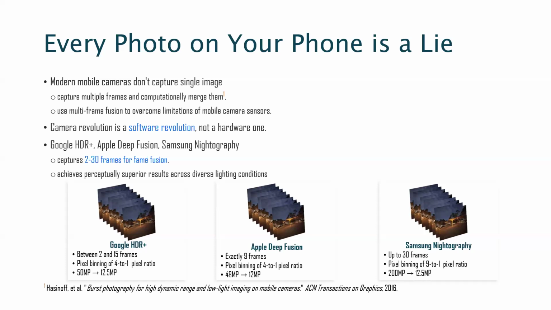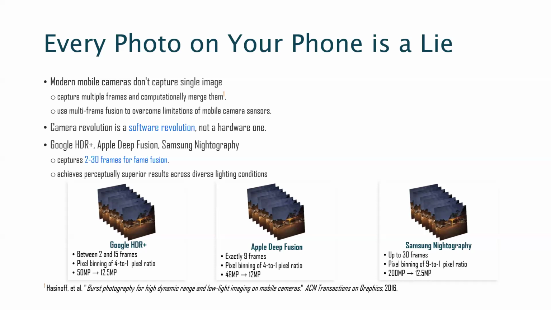So the 50 megapixel camera sensor is collapsed into just a 12.5 megapixel final output. In the case of Apple Deep Fusion, they are very precise and capture only 9 frames, and the pixel binning ratio is 4:1, so their 48 megapixel sensor collapses into just 12 megapixels. In Samsung Nightography, they have 200 megapixel sensors, which collapse into 12.5 megapixels, and they use from 2 to 30 frames.